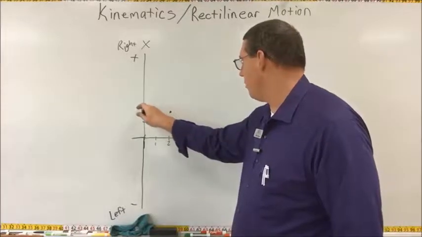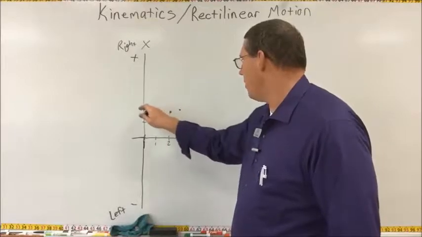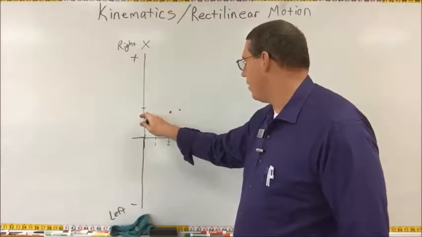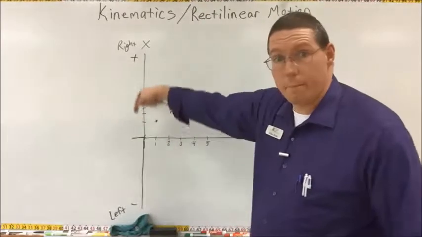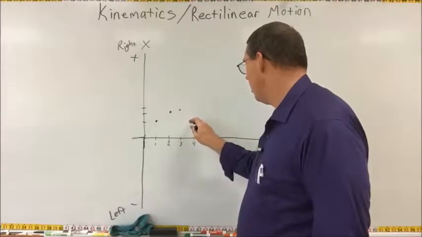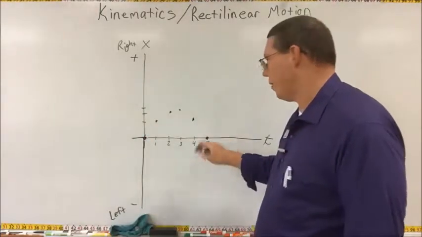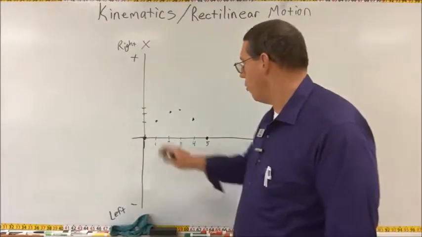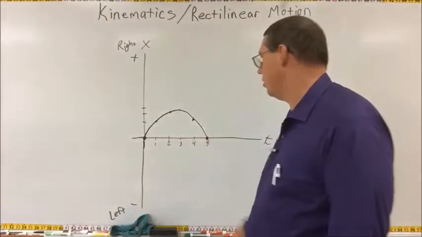Then what if it's slowing down and it went to here after another second, and then it stopped, and then it came back. Then after 4 seconds, it's now moving backwards. It turned around and came back. So after 4 seconds, it's here. And let's say after 5 seconds, it gets back to the origin, and it's down here. Okay? So over time, this is what the graph of that object would look like.